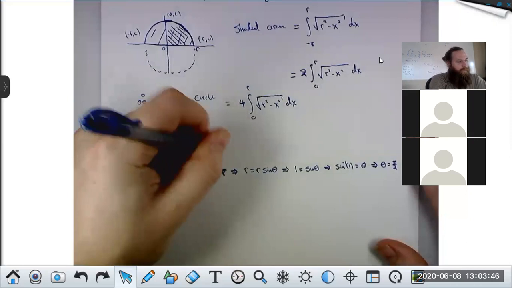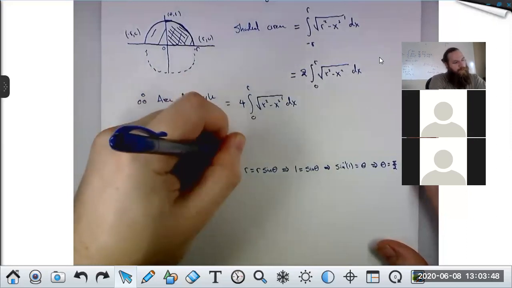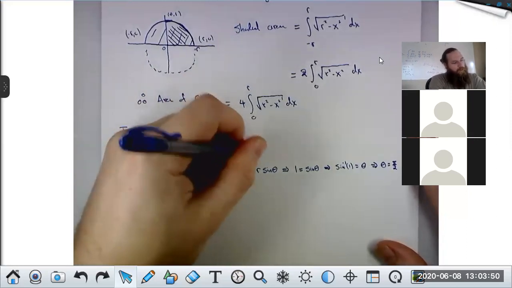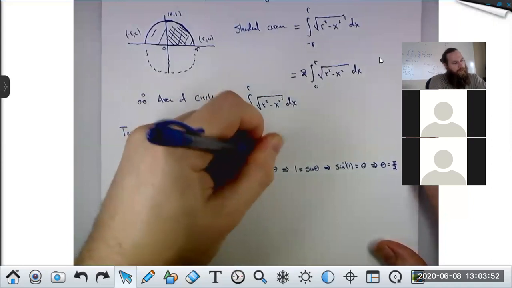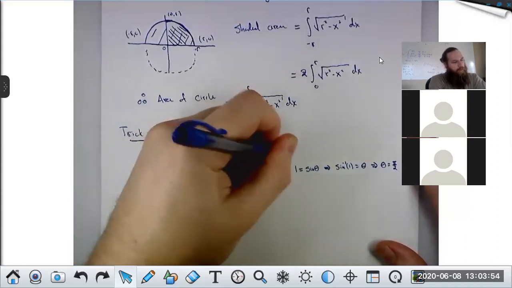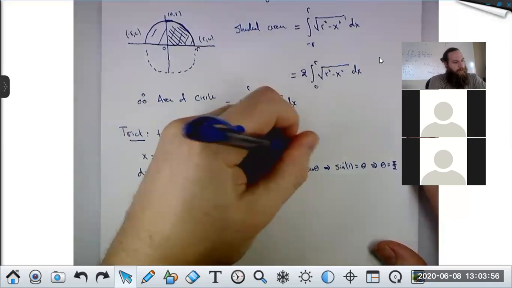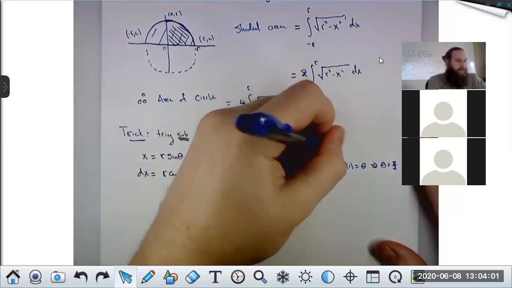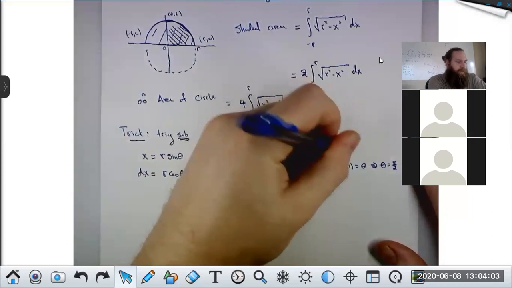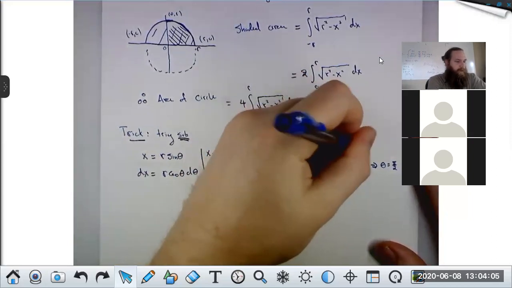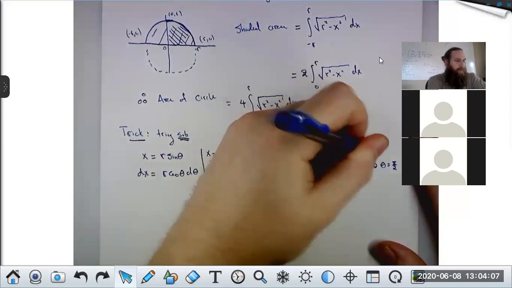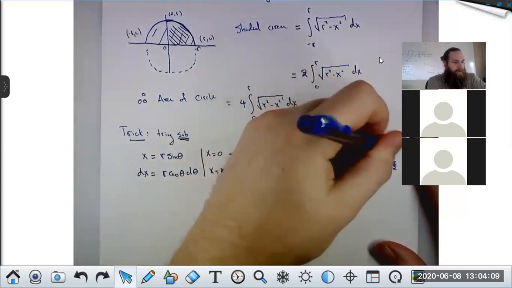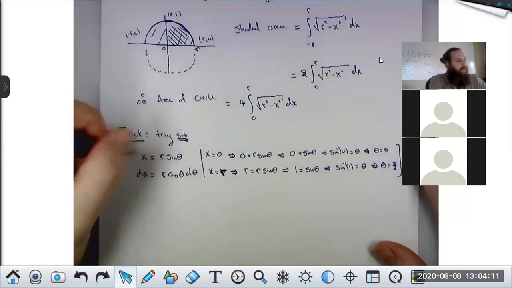When x is equal to 0, I get 0 equals r sine theta. Divide both sides by r, you get 0 equals sine theta, which means the inverse sine of 0 is theta, which means theta is 0 because the inverse sine of 0 is 0.